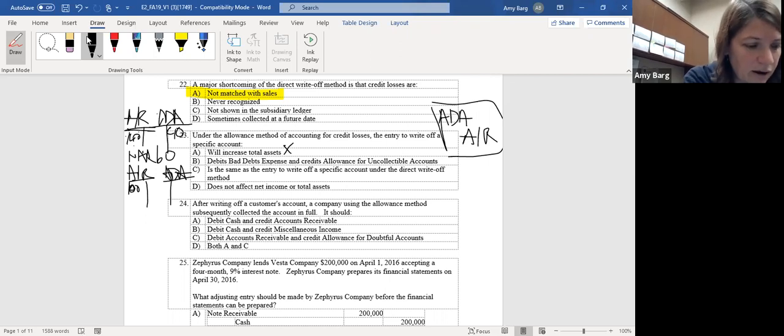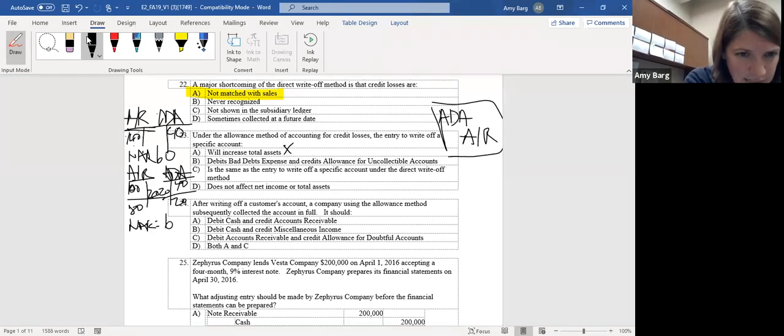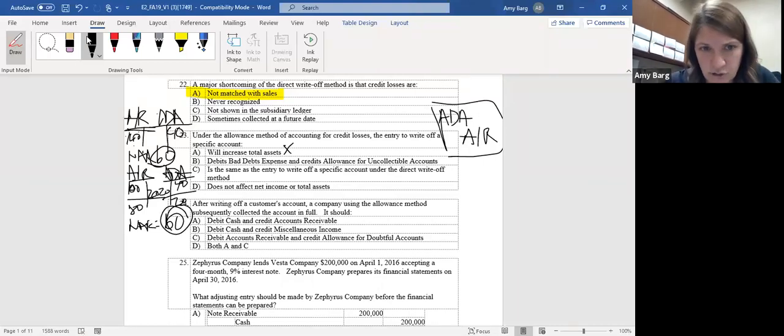Now we write off 20 of it. So now we have 100 minus 20, so we end up with 80. We have 40 minus 20, so we end up with 20. Our net AR is still 60. Our assets don't change.